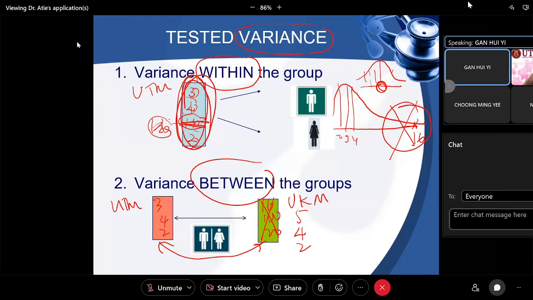And then what should we make sure regarding these two groups? The means will be similar, not too many numbers or too different. Right. All right. So let me give an example.